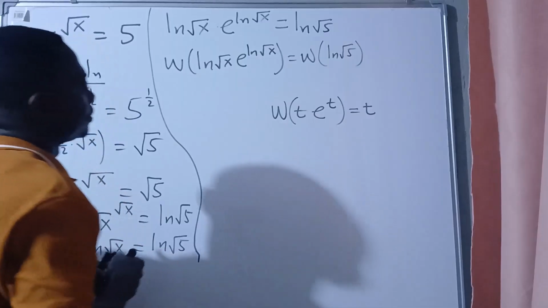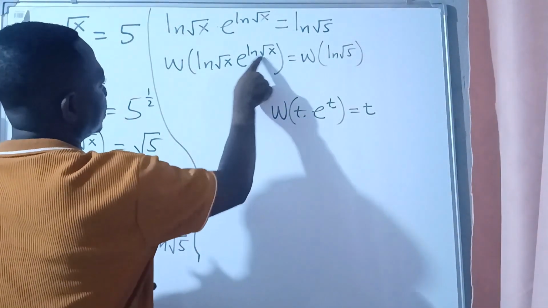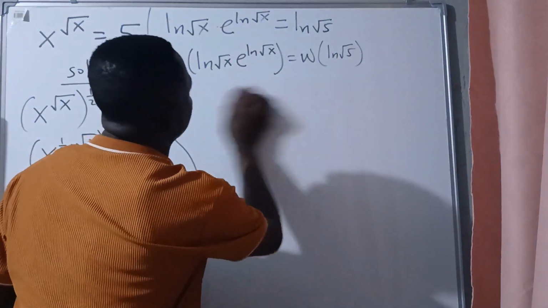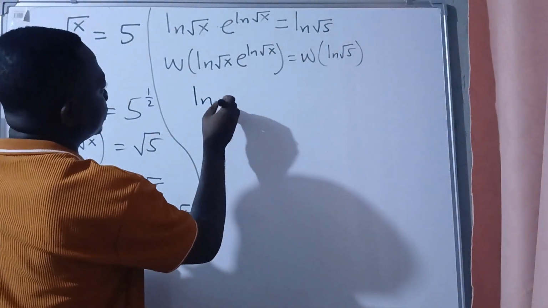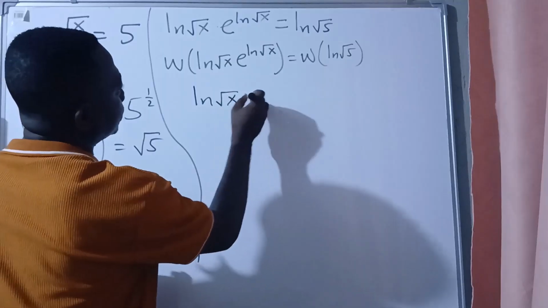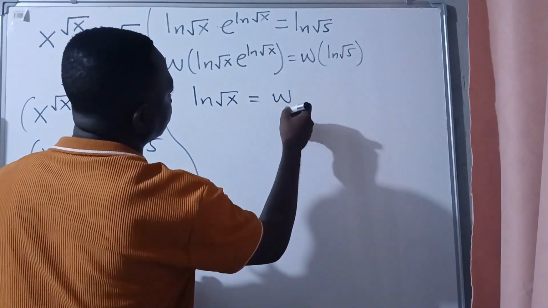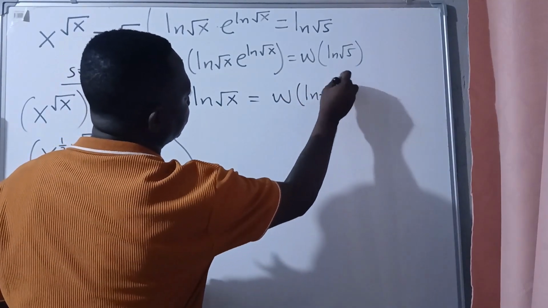Let's observe this and that. They are the same, so we get one of them. So the answer is ln of square root of x equals the W function of ln of square root of 5.